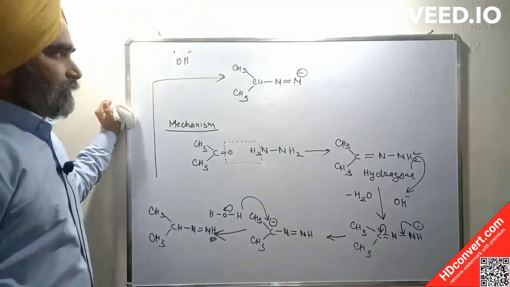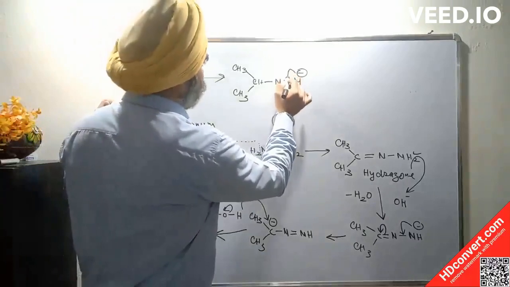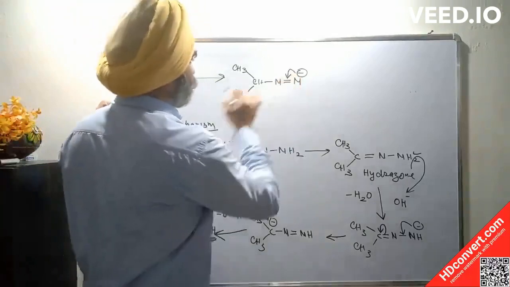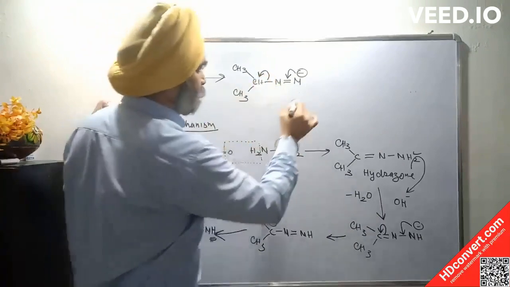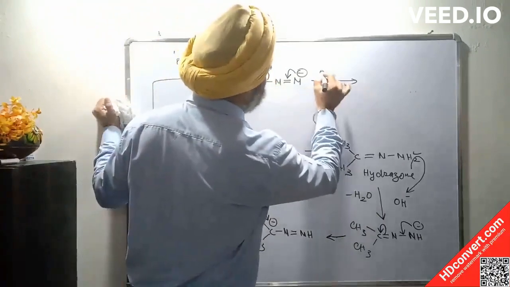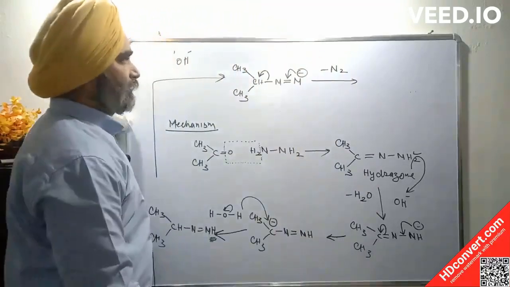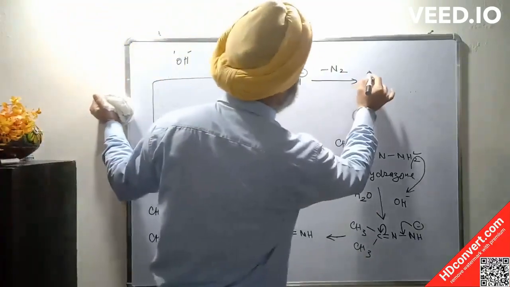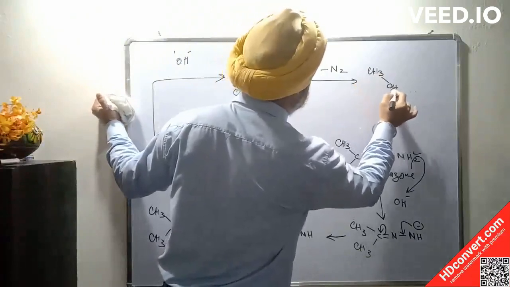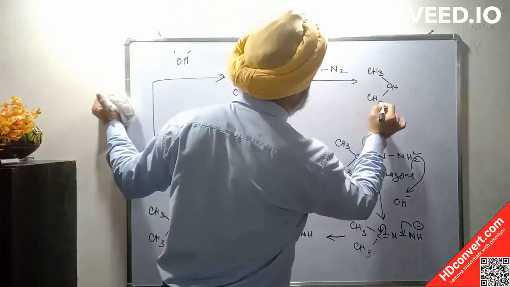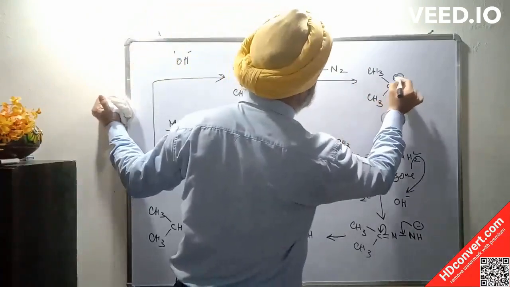So now this negative charge will shift here, and this bond will shift here. So there will be loss of nitrogen. Nitrogen will be liberated, and what we will get? We will get CH3, CH, CH3, and there will be negative charge on carbon.